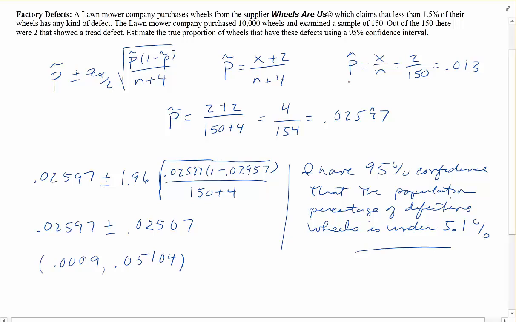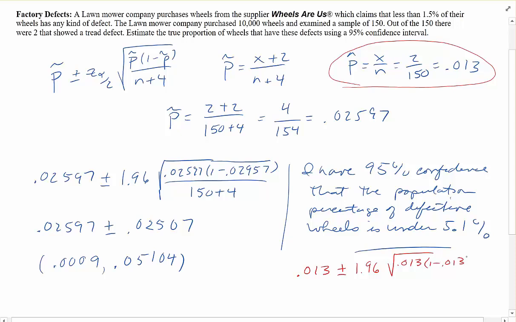Now one last thing we can point out here, that if we built the confidence interval as before, we would have had 0.013 plus or minus 1.96 times the square root of 0.013 times its complement divided by 150.